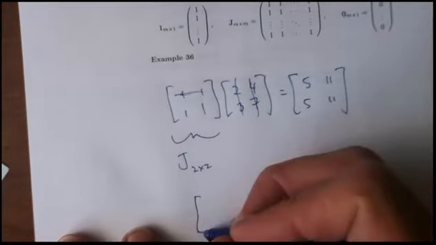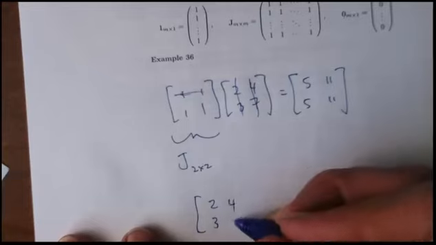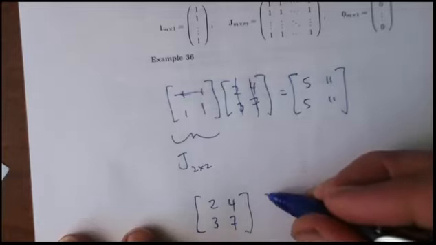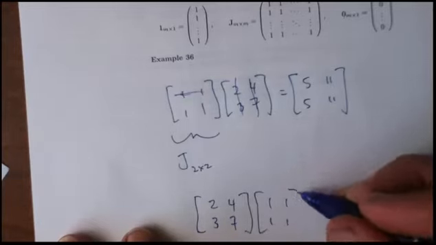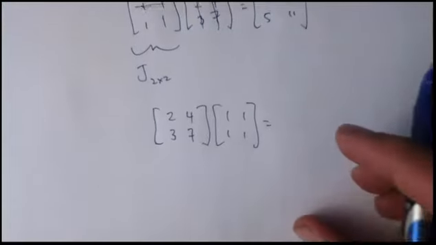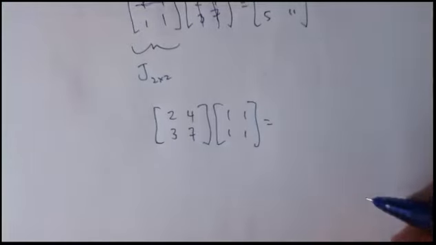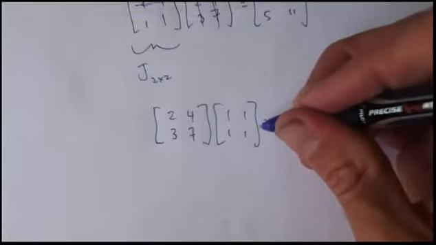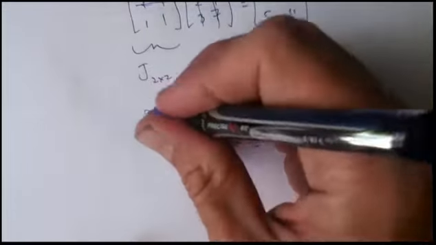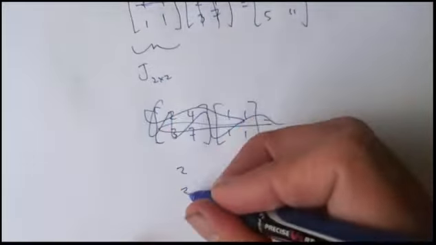What if you went like this? What if you went 2, 3, 4, 7 times 1, 1, 1, 1? Or, for that matter, what if you did 2, 3, 4, 7 times 1, 1, 1, 1, 1, 1. Okay? I know this is not a J matrix, but I guess maybe you could call it a 2 by 3 J matrix.